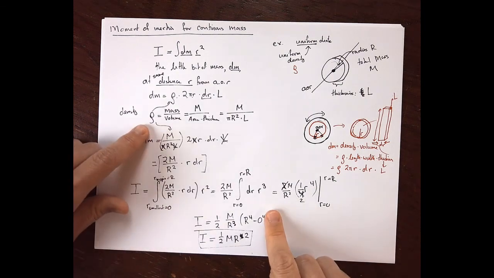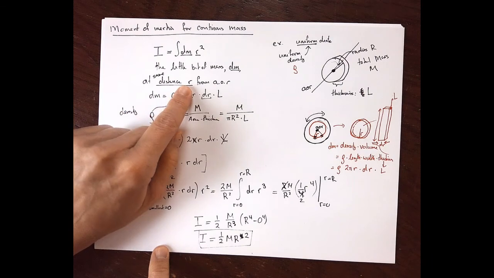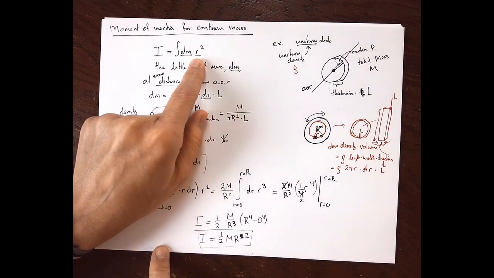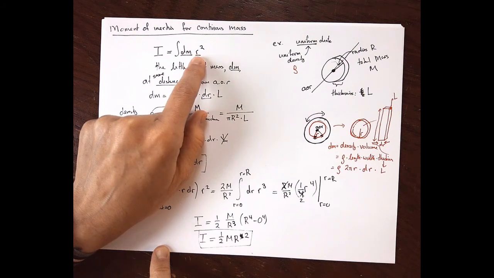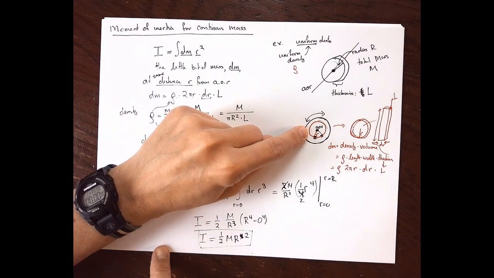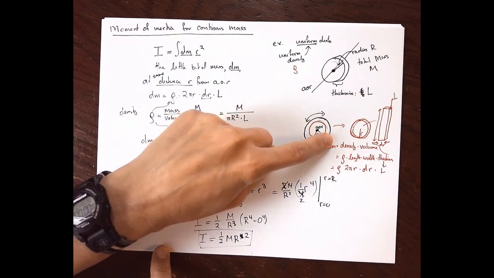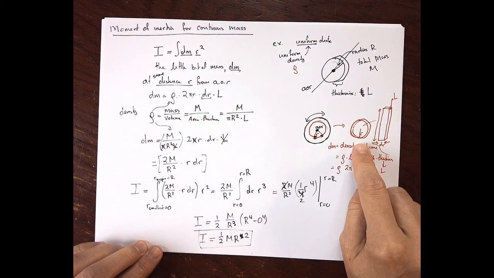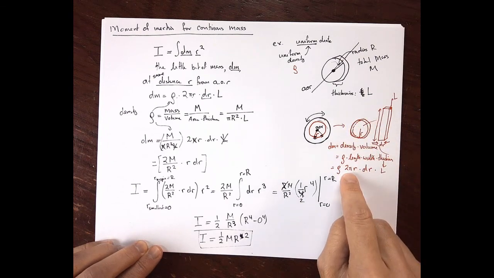And quickly reviewing what we did, we needed to find a little bit of mass that was all at the same distance r, because we're multiplying this little bit of mass times r squared, and we need that number to be the same for each little chunk of mass. So we went over here to find how much mass is at the same distance little r. We did in red this sort of test distance r, and the length of this little strip of mass is going to be the circumference, 2 pi little r.